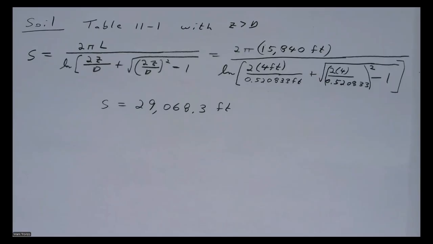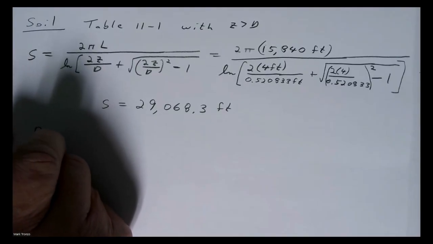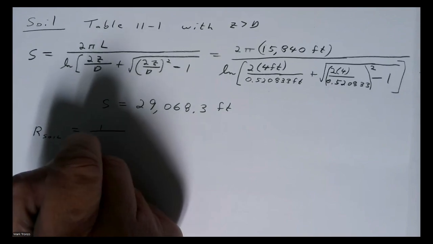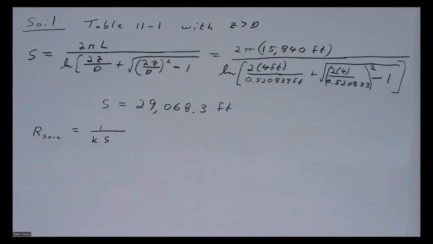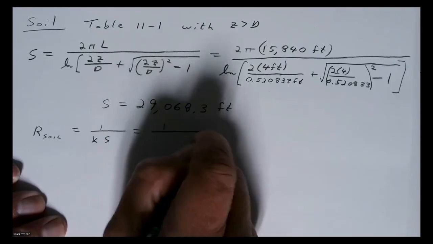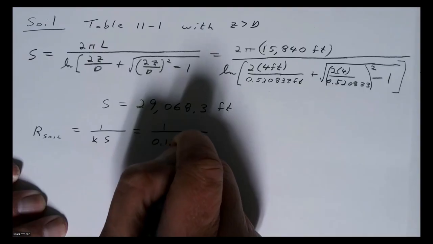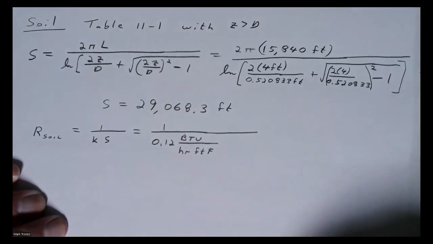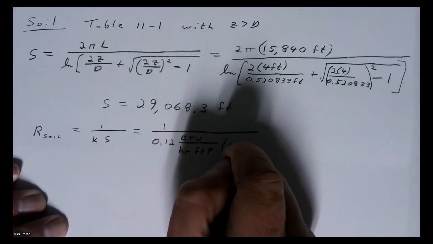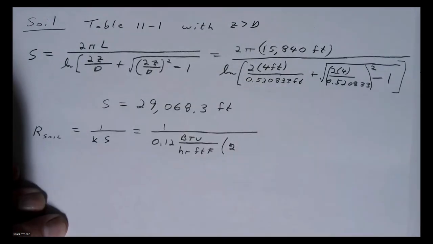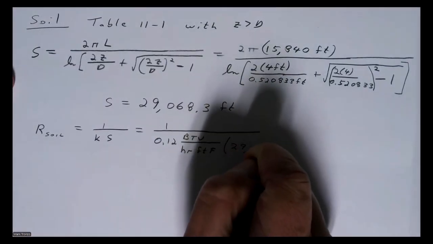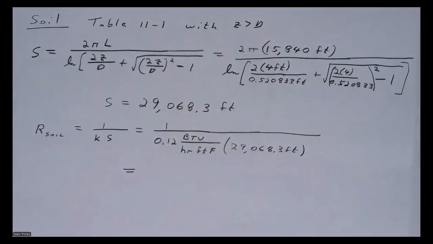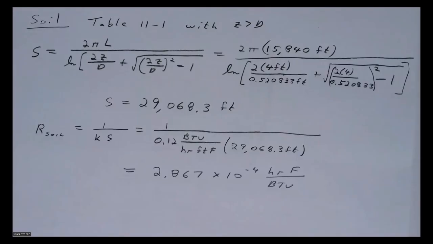Now we want to find the resistance of the soil. The equation we had a minute ago was 1 over Ks, where the thermal conductivity of the soil was 0.12 BTU per hour feet F, and the shape factor is 29,068.3 feet. And we get something like this.